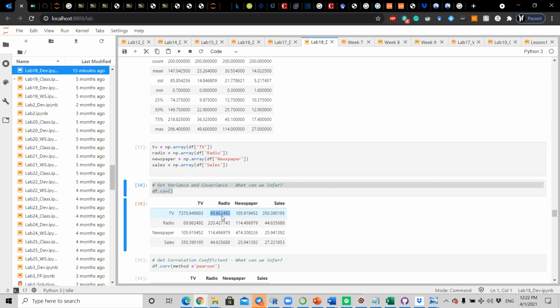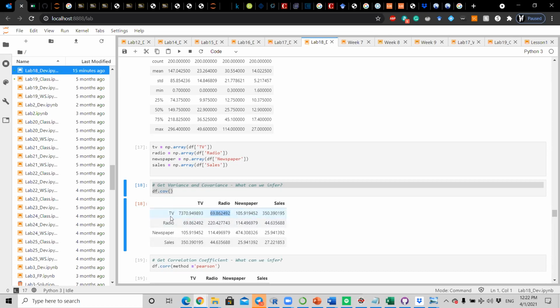69.8, radio for TV, TV for radio. Maybe like the difference in sales. I'm not sure. Okay. Do I have anyone else who wants to venture a guess on this? Can you ask the question again?